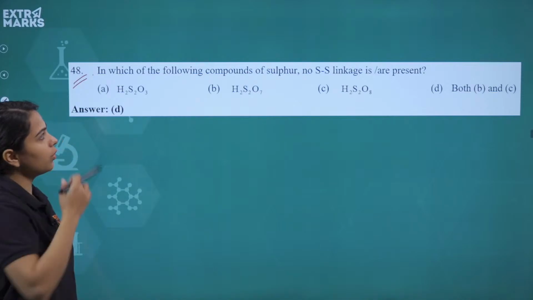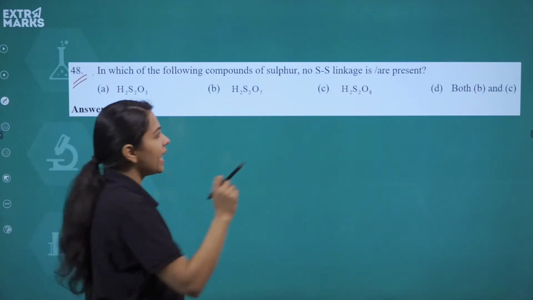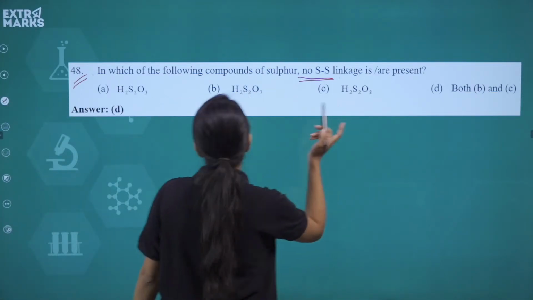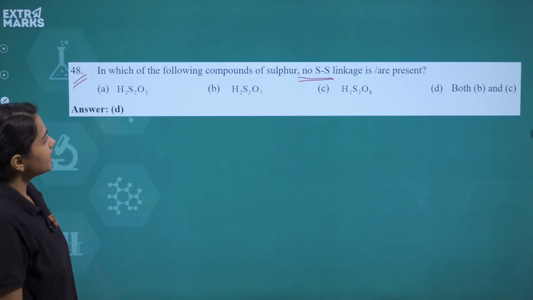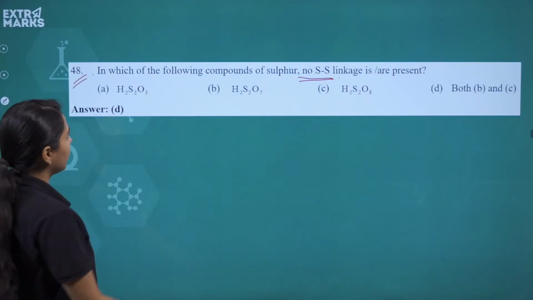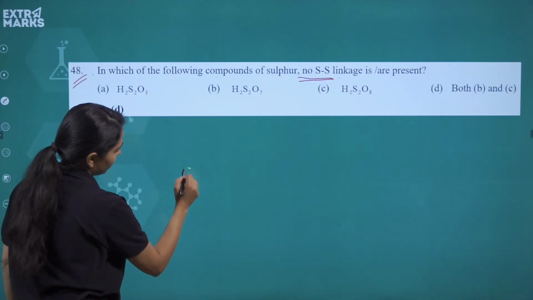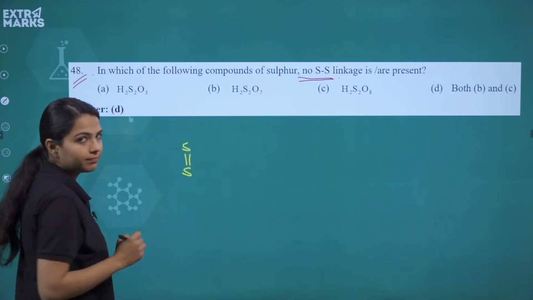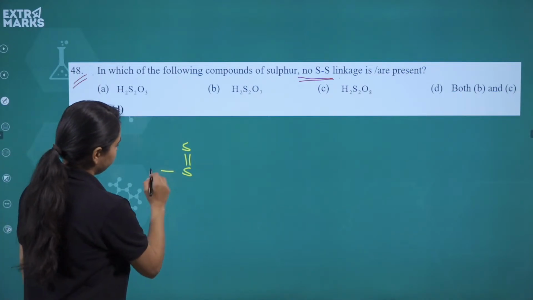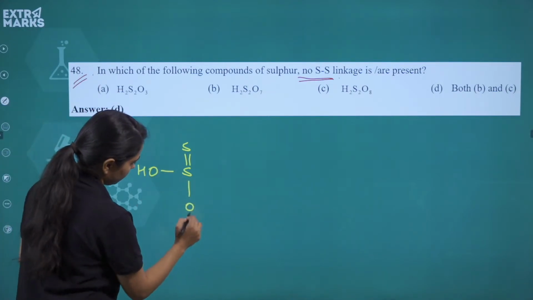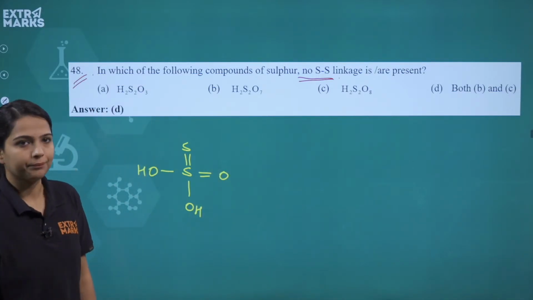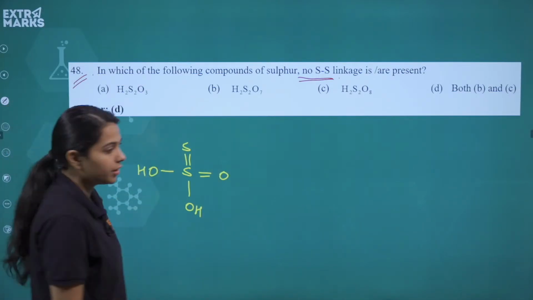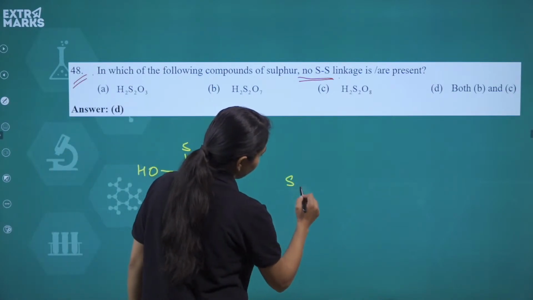In which of the following compounds of sulfur no S-S linkage is or are present? So what should be the answer? No S-S linkage is present. Now if I'll talk about H2S3, SO3, H2S2O3, now over here S2 is this. This is the structure of H2S2O3. Talking about H2S2O7, when I'll be drawing H2S2O7, this is basically oleum.